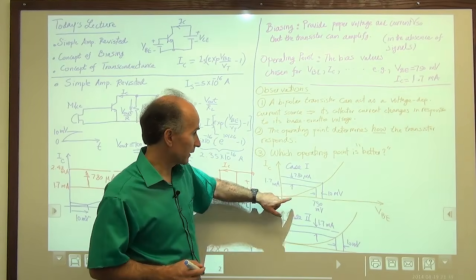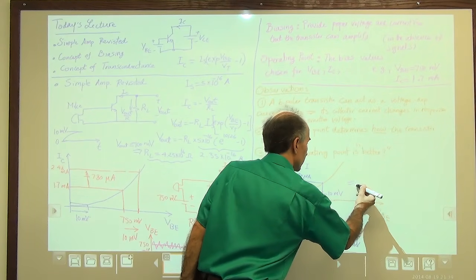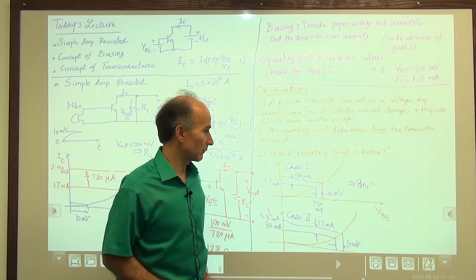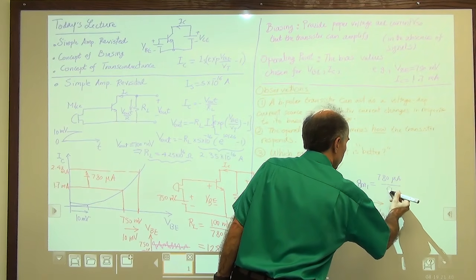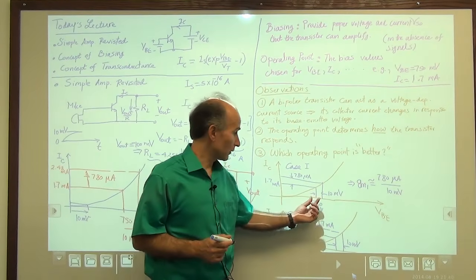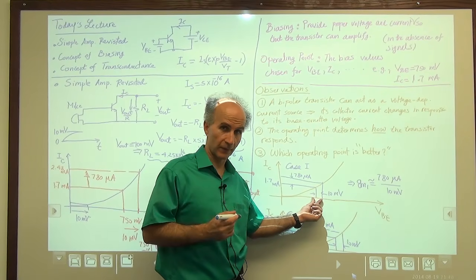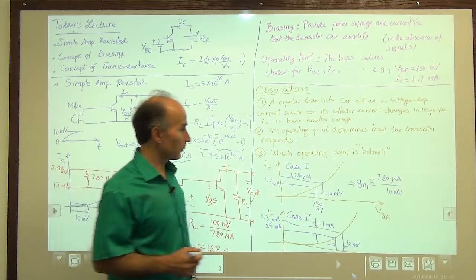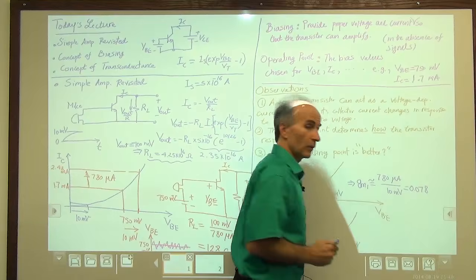If I calculate the slope as this change over this change, then GM1 is equal to 780 microamps divided by 10 millivolts. I will write approximately here because we are not sure if this is a small increment as needed by the definition of derivatives. So that comes out to be, of course, 0.078. What is the unit?